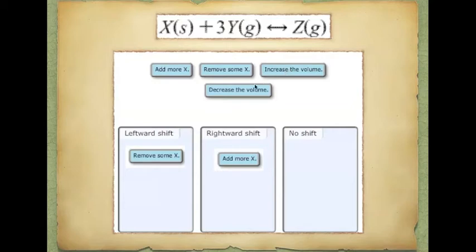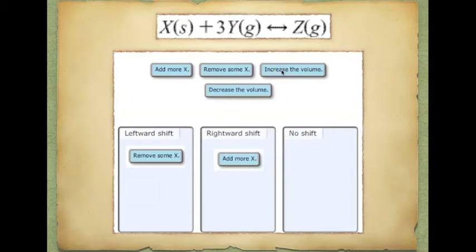Now, increasing the volume, decreasing the volume. Obviously, these two things have to do with pressure and how many gas particles there are on either side. Increasing the volume decreases the pressure. Le Chatelier says we want to oppose that change, so therefore we'll produce more gas particles to fill up and negate that decrease in pressure.